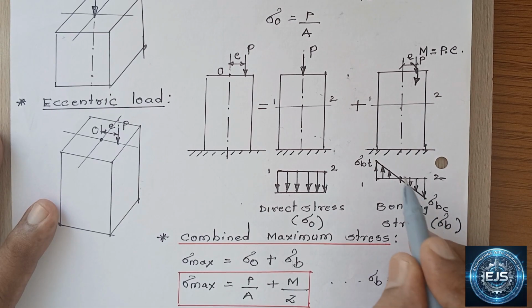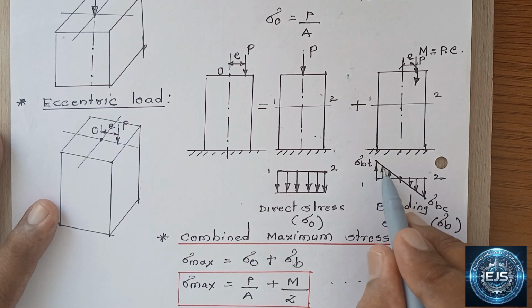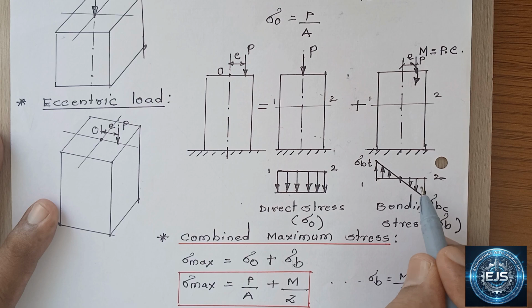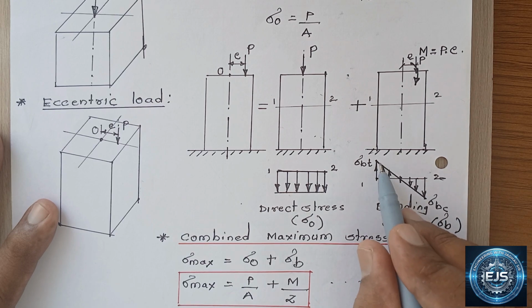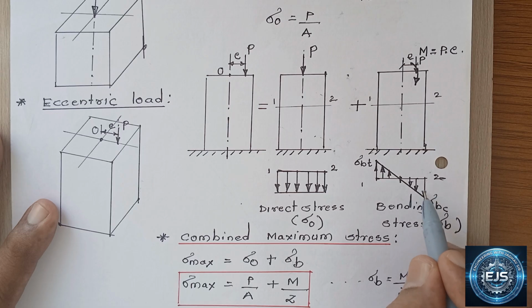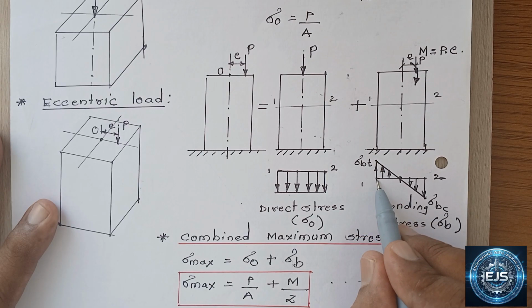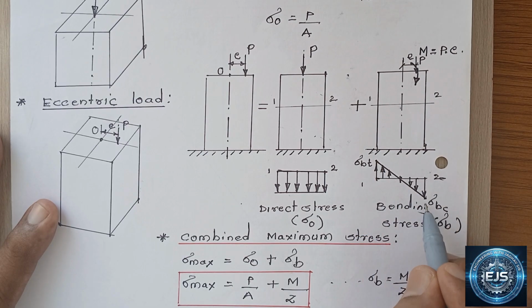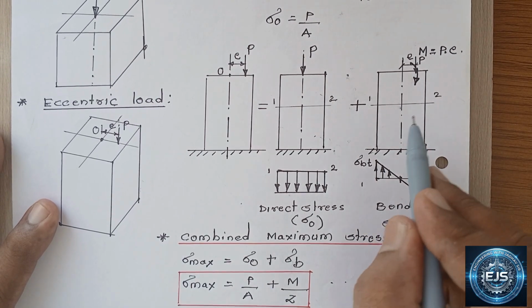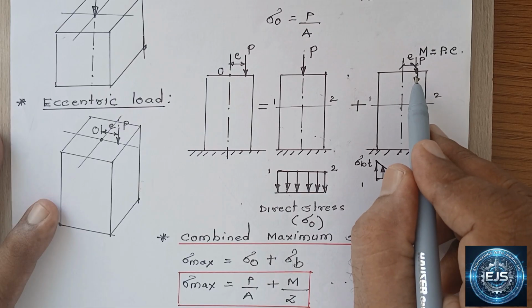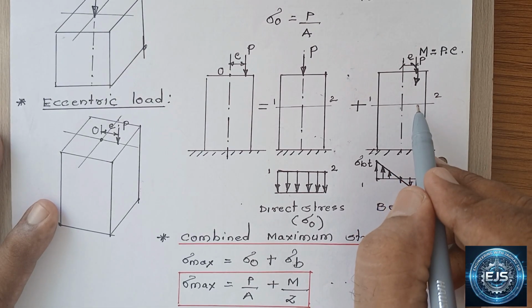Here in this case, the bending stress distribution is a linear, straight-line distribution, and bending stress is maximum at the outer surface, the right surface and the left surface. Bending stress is maximum at the right surface and at the left surface. The column is bending in such a way that this half portion of the column is subjected to compressive stress.